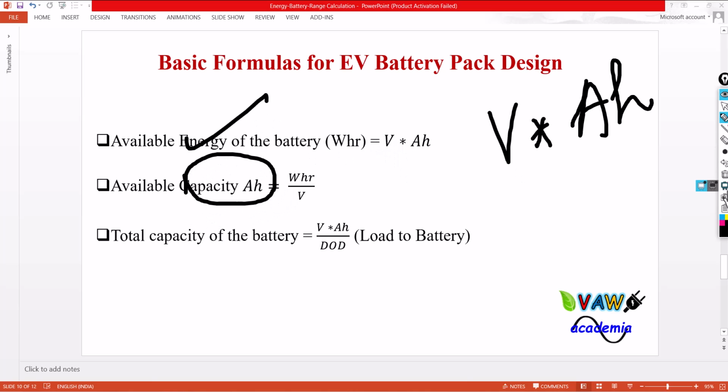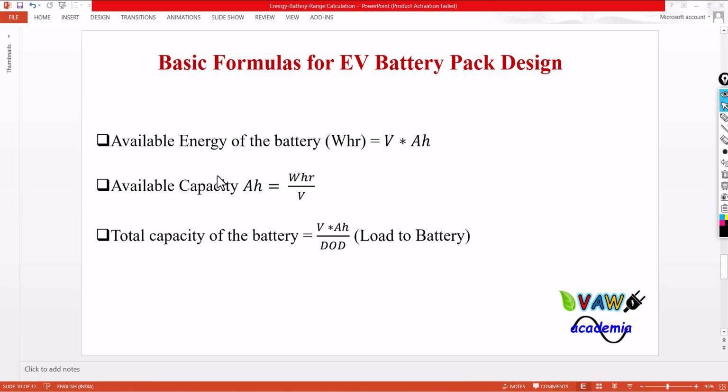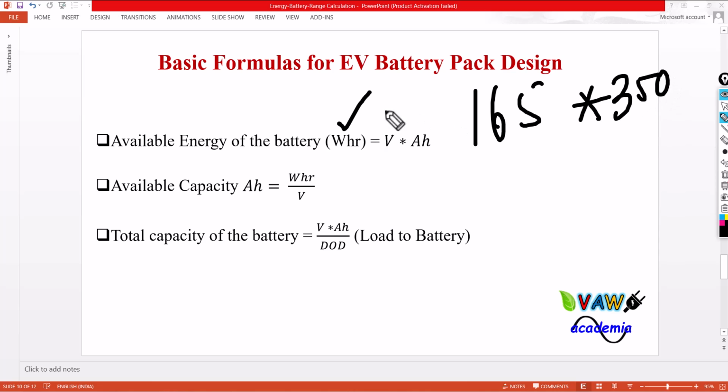Capacity means only ampere hour. So how to calculate the available energy? Voltage into ampere hour. We know what is the watt hour, what is the energy. 165 multiplied with 350, that is nothing but watt hour. We know the voltage of the battery pack is 48. So from there you have to calculate ampere hour.